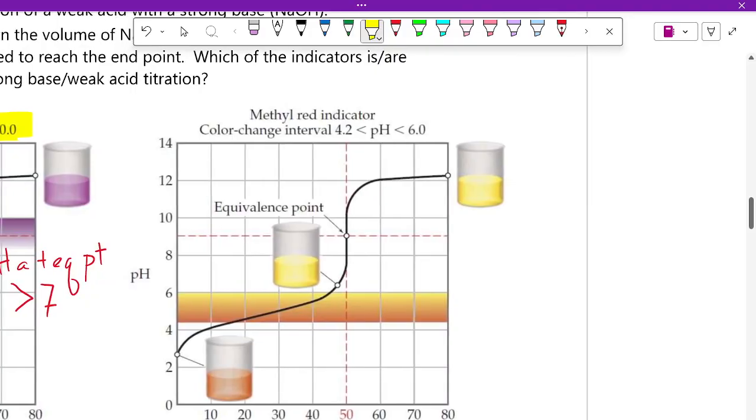Would that be good for a weak acid, strong base? What volume would we hit at the equivalence point, or at the end point, sorry? What's an end point, by the way? The end point is when the indicator changes color.